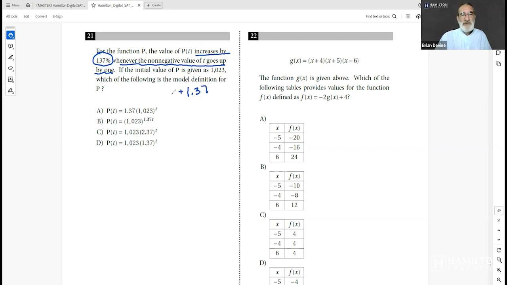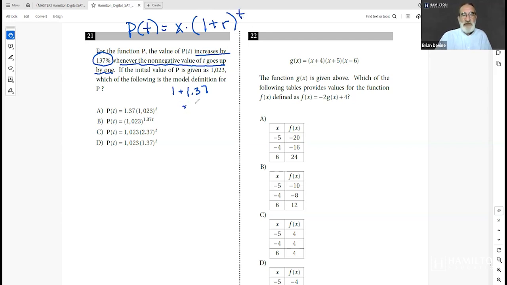But our increase is we're adding that to 1 because we're using the idea that P of t is going to be some initial value, I'll just call it x, times 1 plus some rate to the t. Okay, cool.